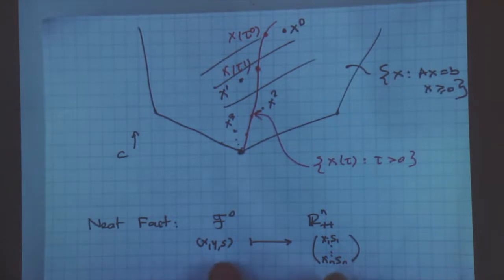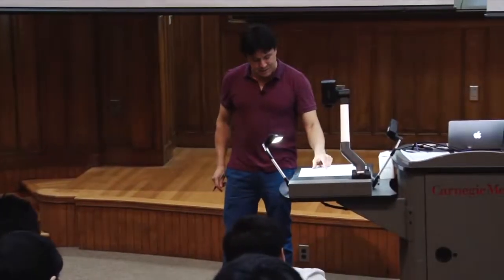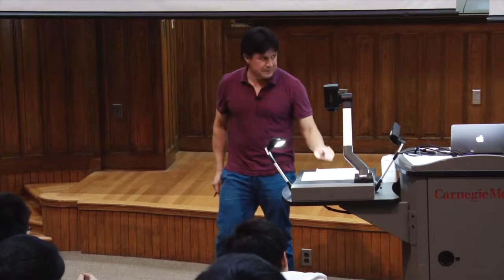In particular, this mapping from F0 to R^n_{++} is a bijection. It is something really cool. Maybe Ryan will give you that as a homework, or one of the TAs, or even if you don't get it as a homework, think about that. This is a bijection. So that means you can think about the strictly feasible regions of the primal and dual problems as if they were R^n_{++}.